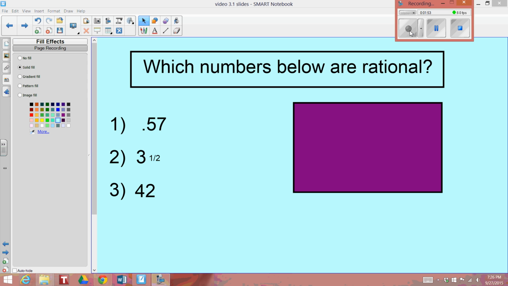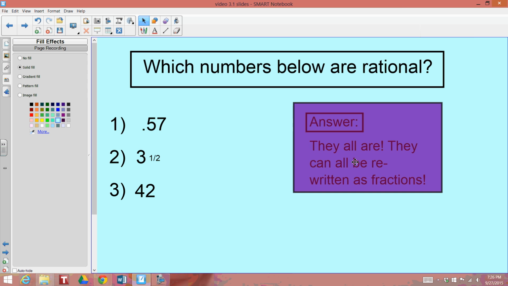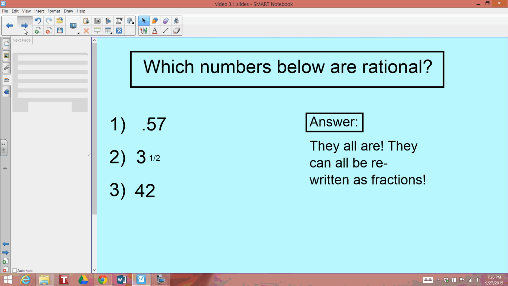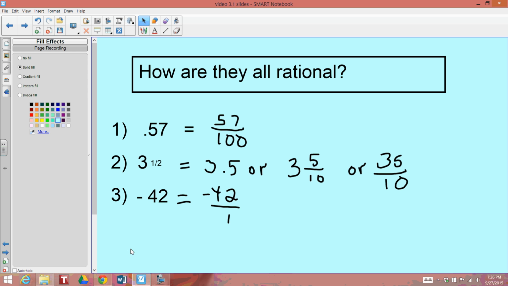Alrighty, have you thought about which numbers here are rational? Well, they all are. They actually all can be rewritten as fractions. And let's take a look. So 57 hundredths can be written as decimal point 57 or 57 over 100. Therefore, the numerator is an integer and the denominator is an integer as well.